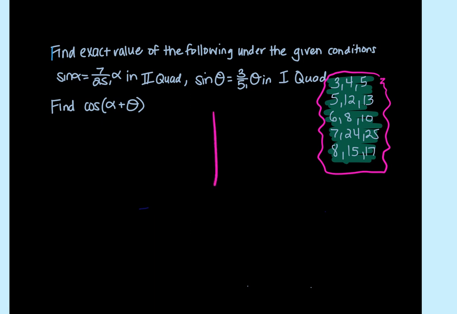So when I draw these out, I want to put them in their quadrant so the signs make sense. Quadrant 2 means I'm going left and up, and I would put alpha in that corner. Sine is opposite over hypotenuse, so opposite is 7, hypotenuse is 25. My adjacent side would be what? 24, but also negative 24.